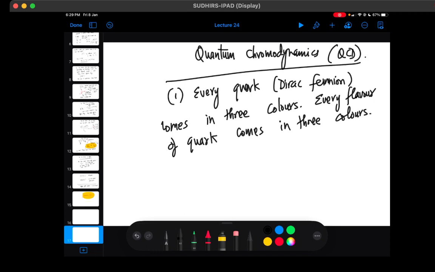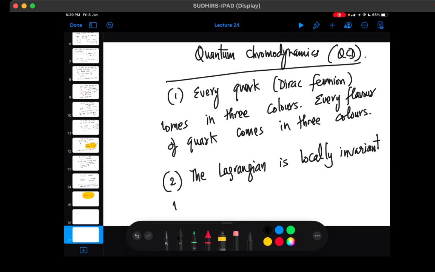The second thing is that the Lagrangian is locally invariant under a color SU(3) symmetry.